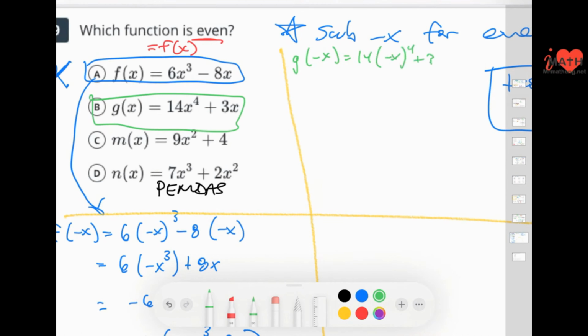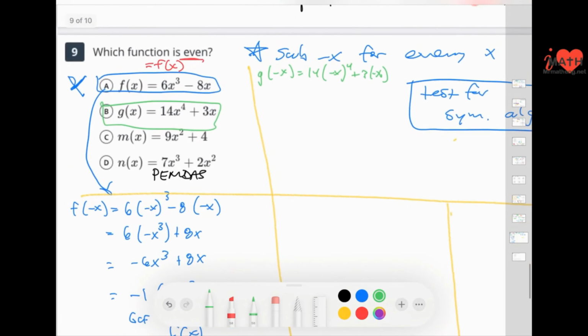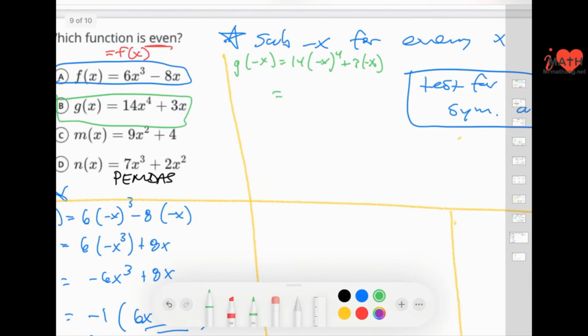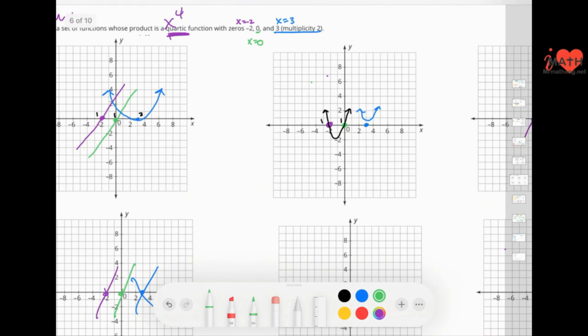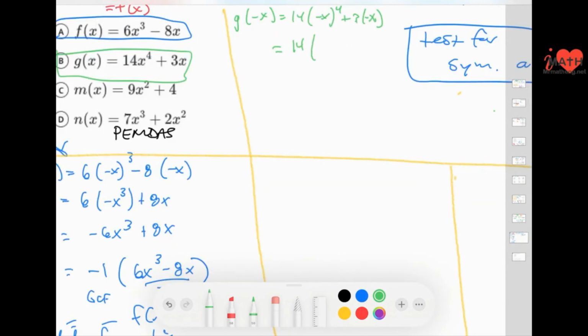And we're putting a negative x for every time we see x. Negative x times negative x is x squared. And essentially x squared times x squared is going to be x to the 4th power. So it's going to be positive.